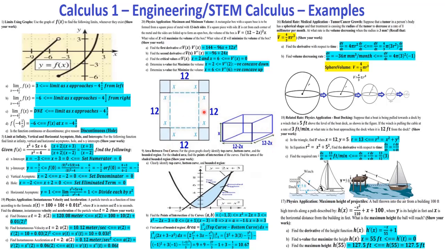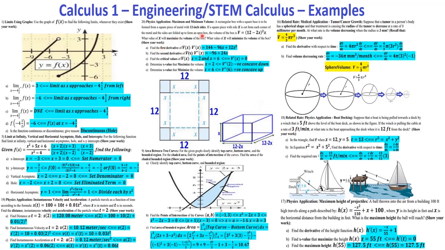So the width and length of the box are 12 minus 2x, because you cut x from each side. Then the height is x. So the volume is (12 minus 2x) squared times x. That's area of base times height, which is length times width times height.